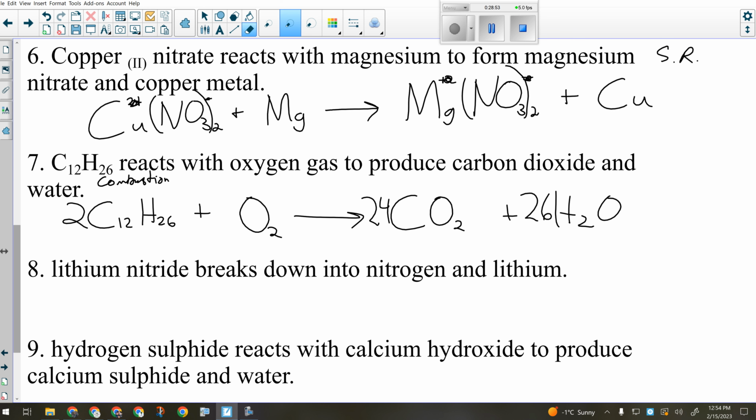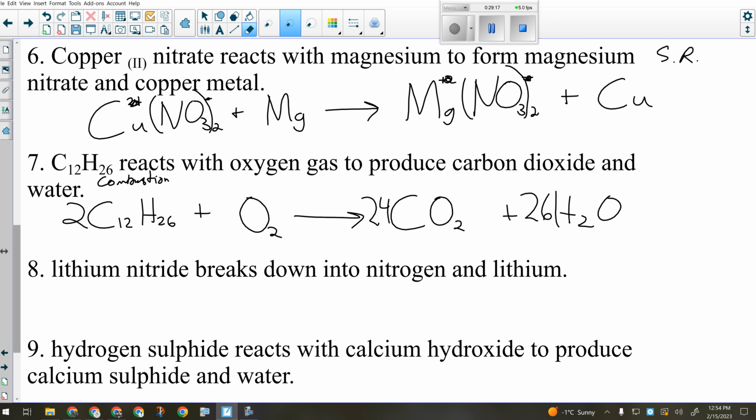Now I can do the oxygens. So I've got 26 oxygens here plus 48 oxygens here, which should give me 48 and 26, 68, 74. Yeah. See, I do math in my head, which is bad, I shouldn't.